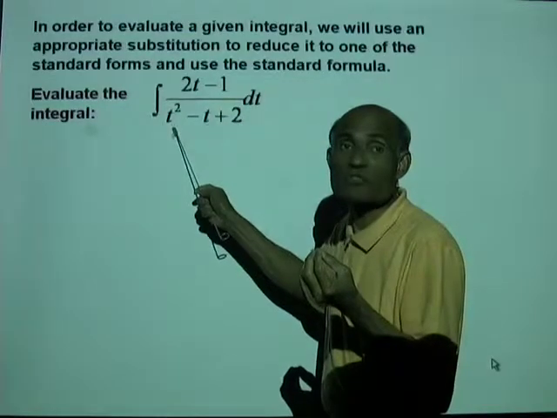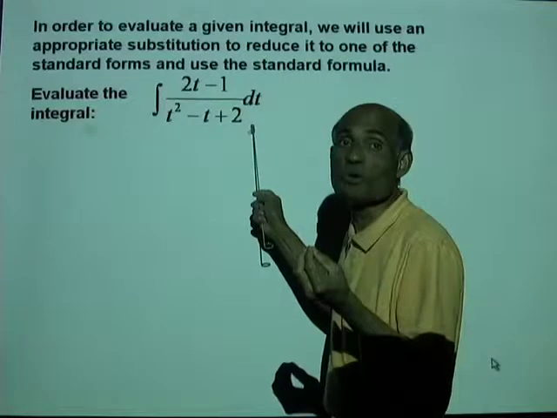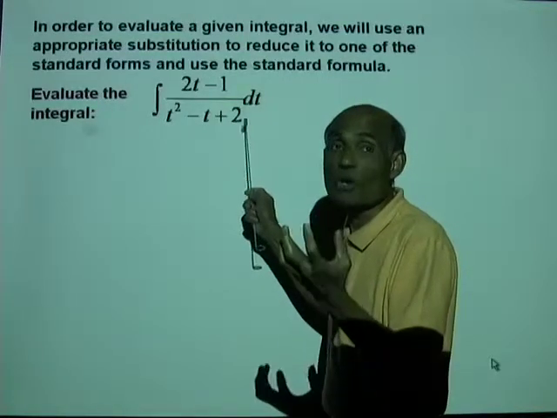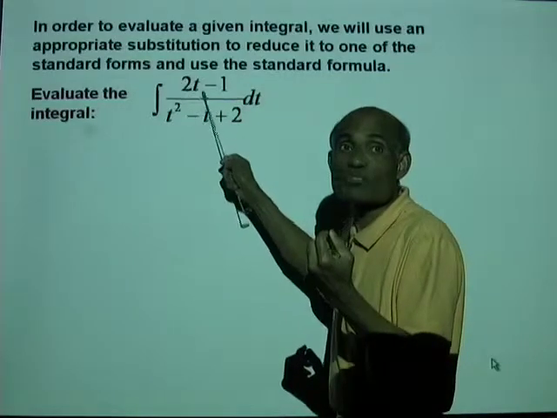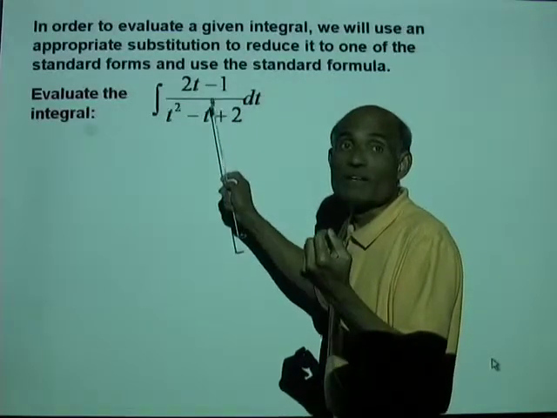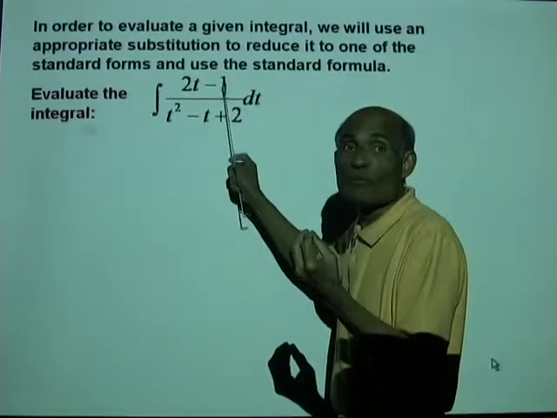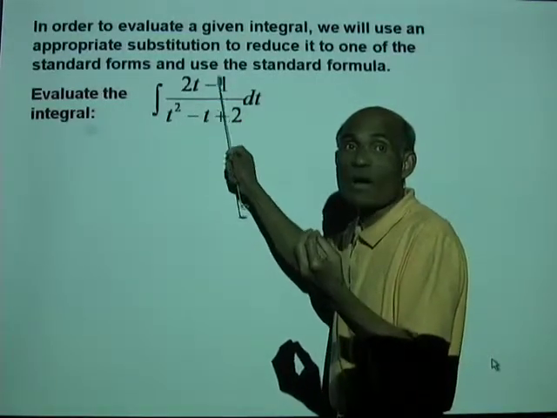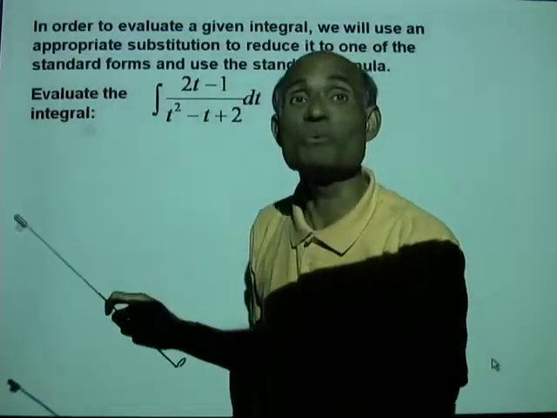I'm going to make the substitution t squared minus t plus 2 equal to u. Why did I decide that? Because the derivative of this is actually 2t minus 1, so that when I make this u, then (2t minus 1) dt can be replaced in terms of u.